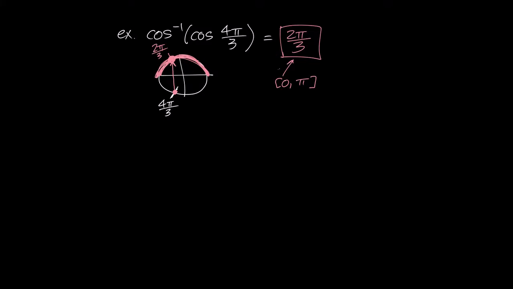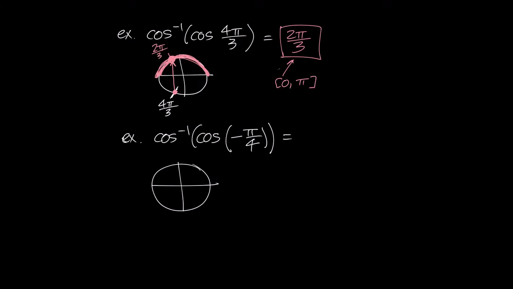Okay, let's look at one more example with cosine. Inverse cosine of cosine of negative pi over 4. Okay, so then let's draw the unit circle and locate negative pi over 4. Well, negative pi over 4 is right over here.